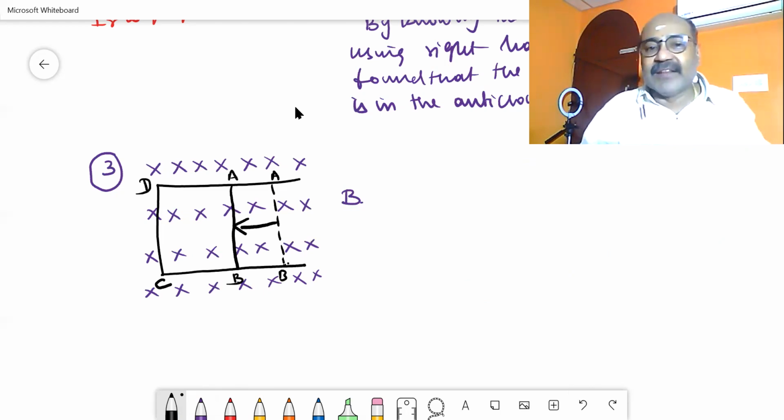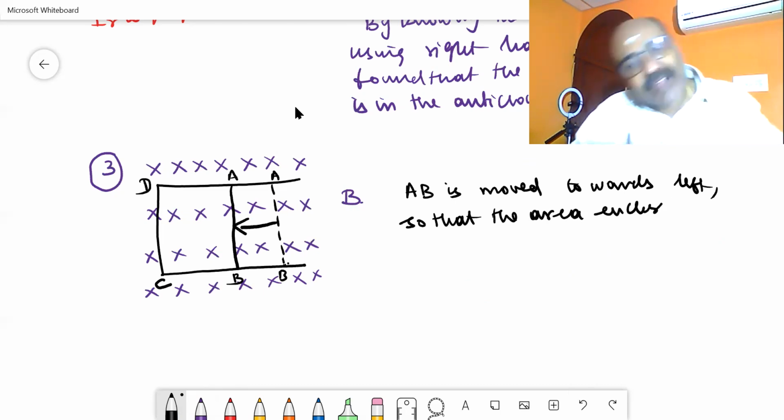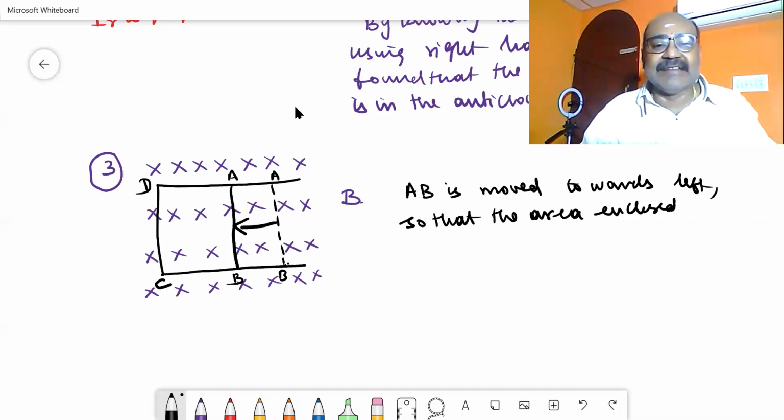So here in the third point I am saying AB is moved towards left, so that what happens, the area enclosed in the frame decreases.